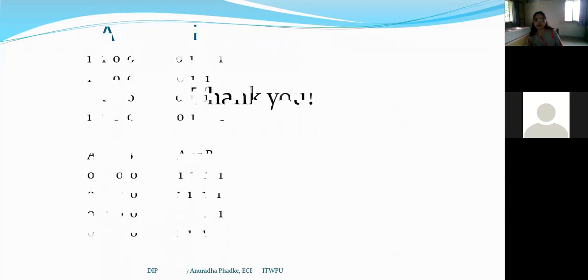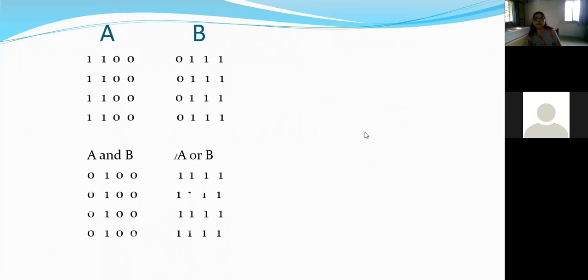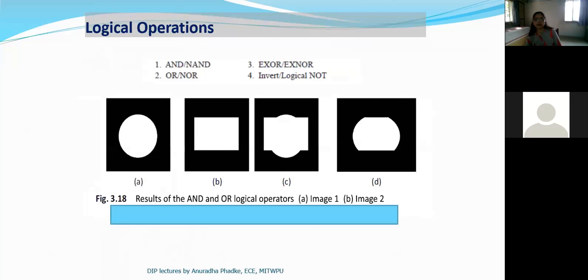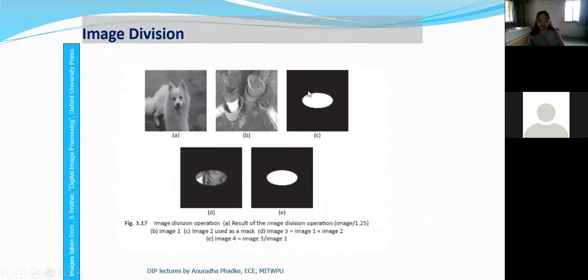As shown in the previous example, if we apply a logical AND operation between these two images, when this image is logically ANDed with image B, we can get this image.